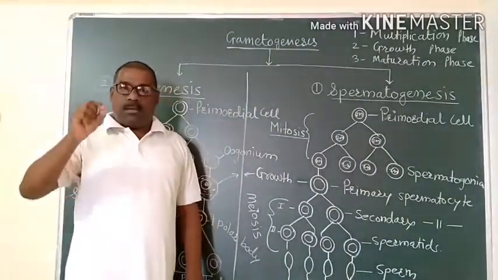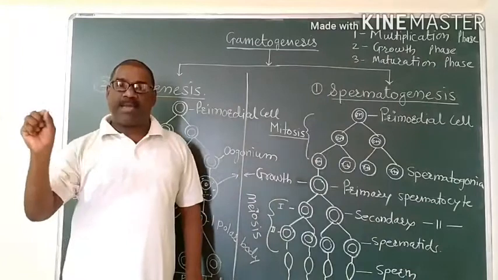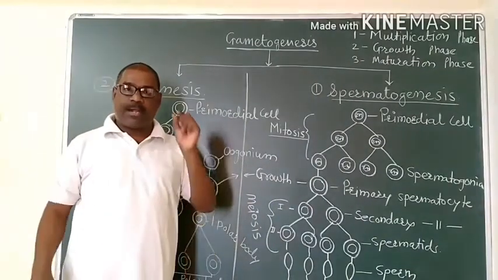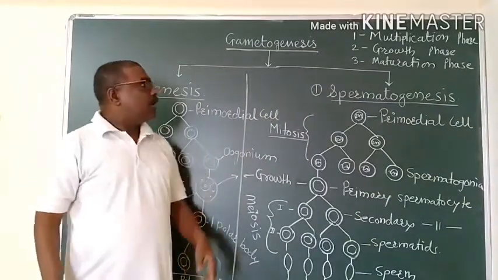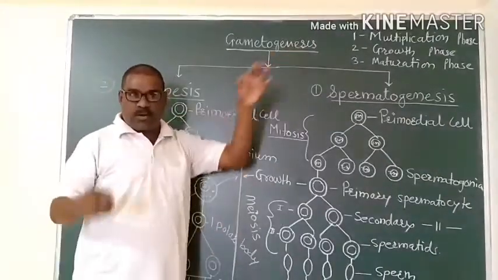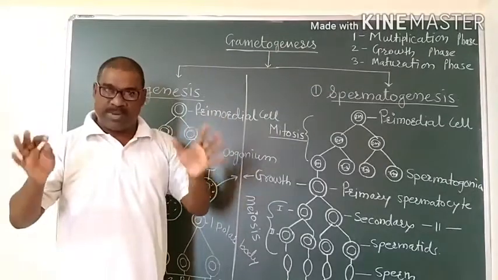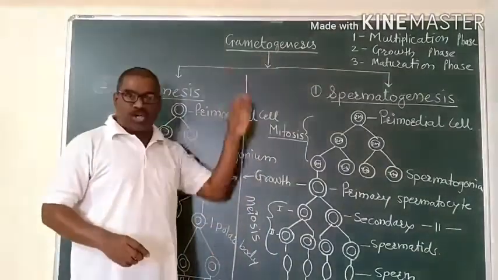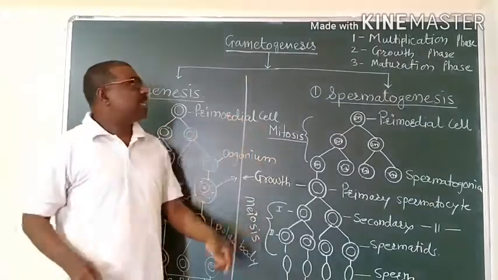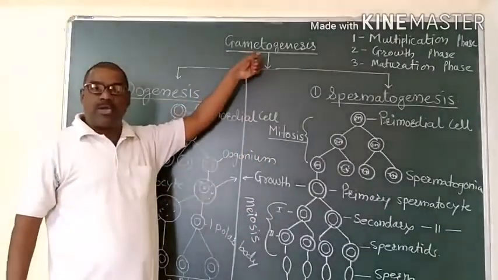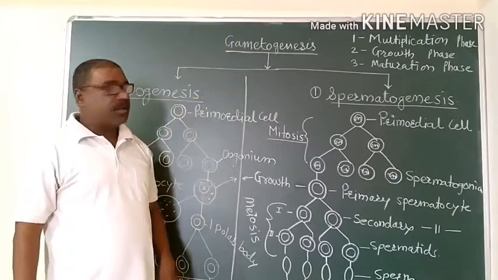Here, sperm is a haploid male gamete and ovum is a haploid female gamete. And genesis means to produce, meaning here production of sperm and production of ovum is called gametogenesis.